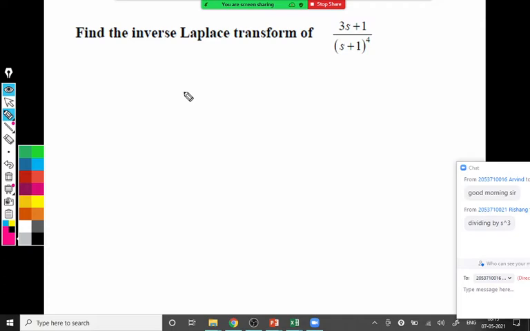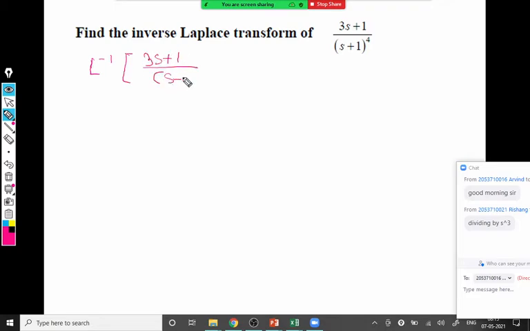Plus 2 and then minus 2. So we will convert it into s plus 1 form. Okay, very nice. So it will be 3 into s plus 1 upon s plus 1 whole to power 4, minus 2 upon s plus 1 whole raised to power 4.